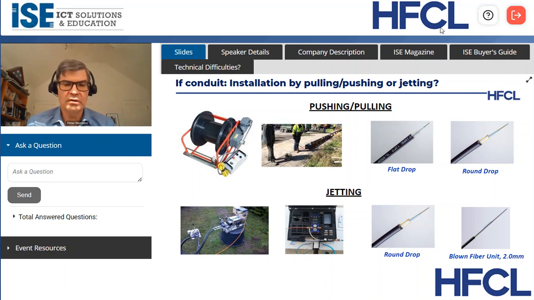The round drop you can push in a smaller duct, although maybe a little harder to push because it's not as stiff as the flat drop. But one thing that's very common in Europe and becoming slightly more common here in the U.S., if you're putting the duct in anyway, is to use jetting. You can use very small tabletop jetting machines that come in a little briefcase and can run off very small air compressors.